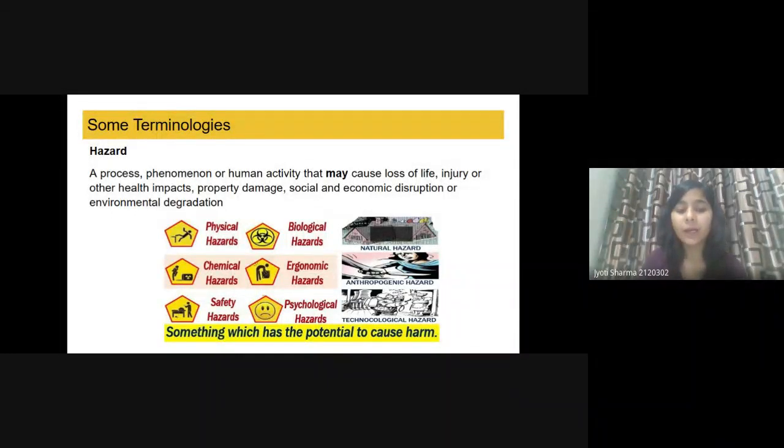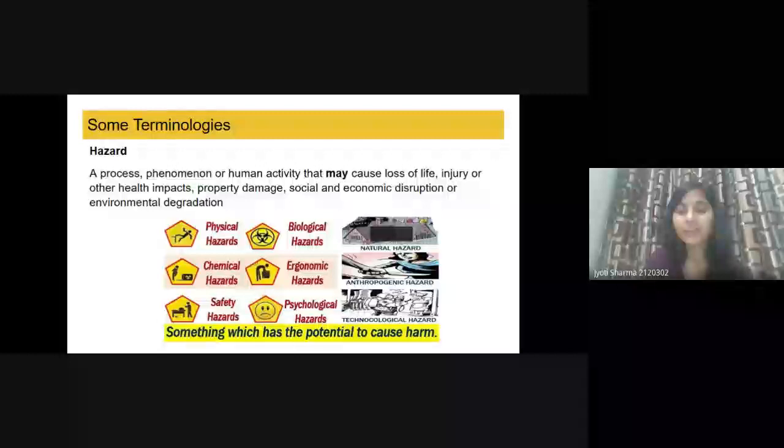Okay, so this is a kind of hazard we have. For example, in the laboratories, we are using different types of instruments, and different instruments may have different kinds of hazards.